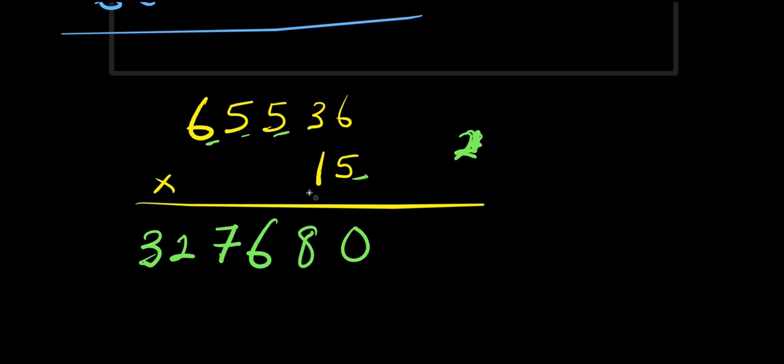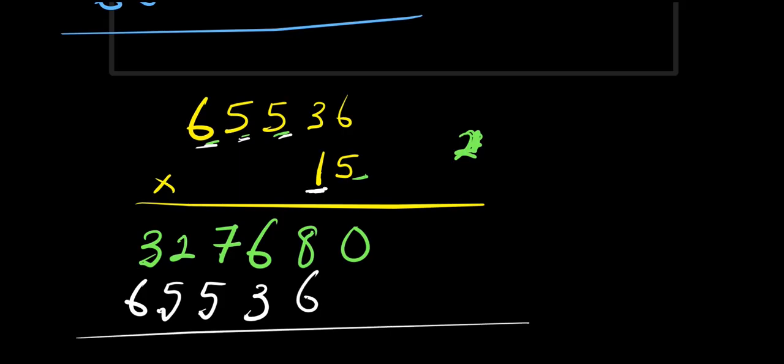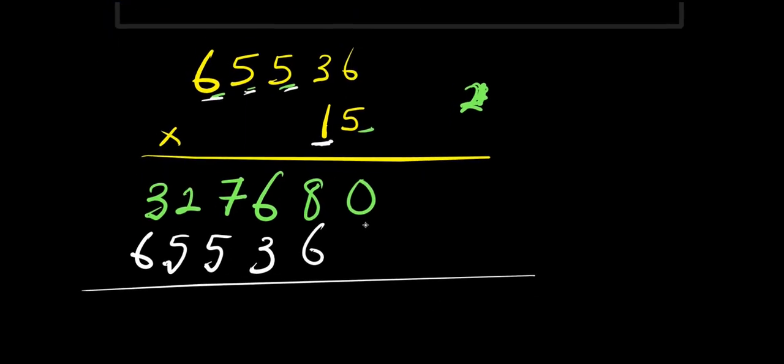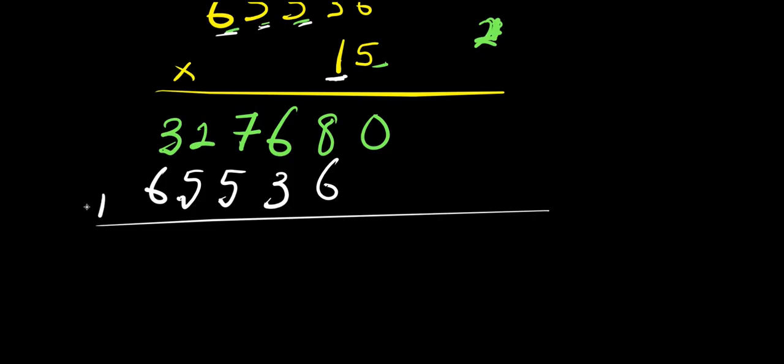So let's proceed to 1. 1 times 6, 6. 1 times 3, 3. 1 times 5, 5. 1 times 5 again, 5. 1 times 6, we have 6. So let's add. We add together. This is 0. I have my 0.